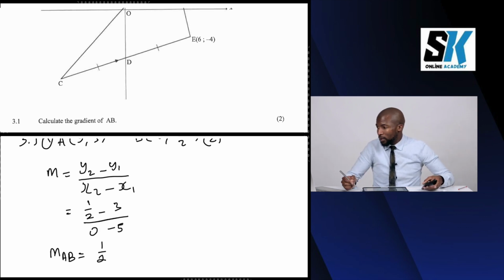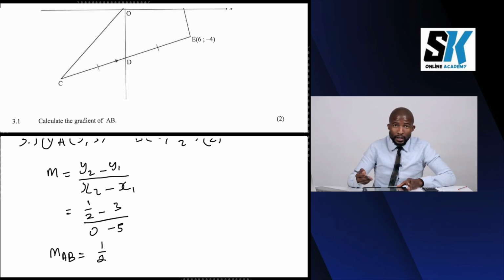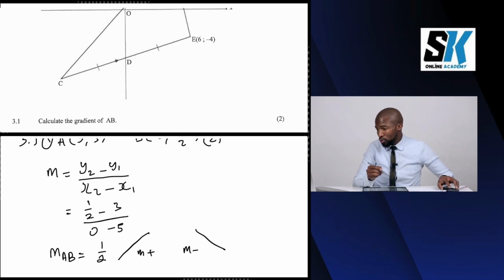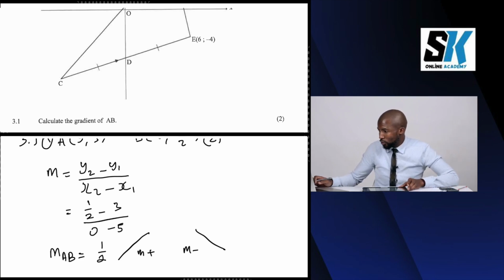And one thing about gradients: if a gradient is positive, your line must be in this direction. But if your gradient is negative, it must face the other way around.